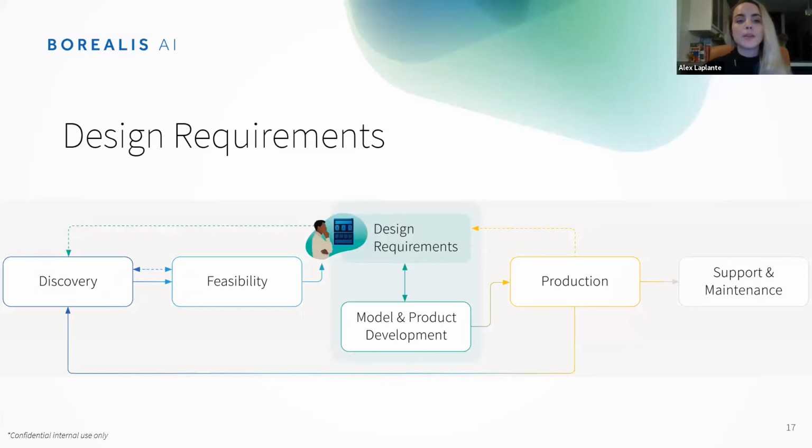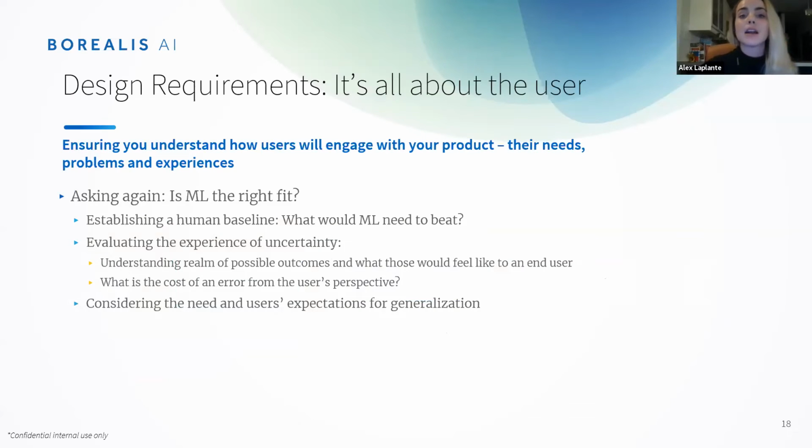So walking out of feasibility, of course, we have some sense that this is a machine learning problem, onto design and requirements. And I'm not going to spend too much time here. This actually looks very, very similar to traditional product management when it gets to this point. It's really about, of course, understanding your user's needs, and thinking about what that might look like from an experience perspective.